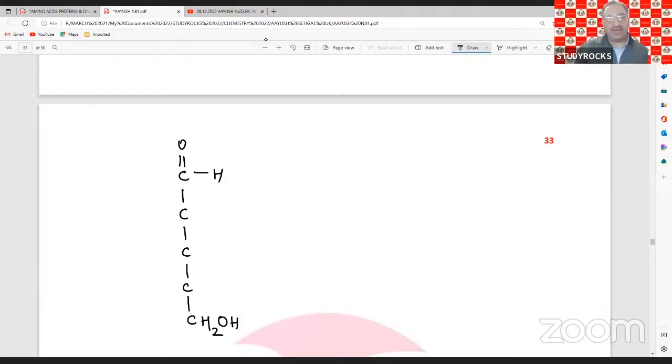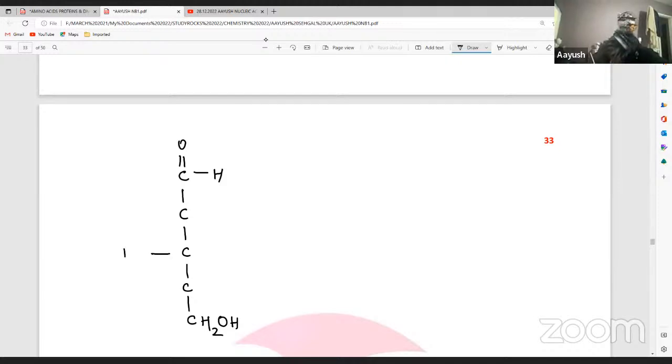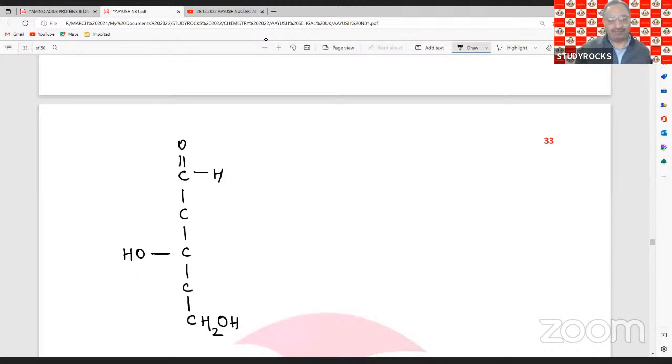So now you write on the first carbon CHO group, and on the last carbon it is CH2OH. Is it okay? And if you remember, on the third carbon, the OH group is on left-hand side. It's the same way. Now write down the other ones.